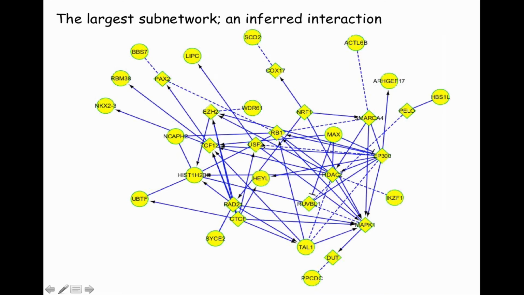Interactions for which there's experimental data are solid arrows. Inferred ones are dotted arrows. The tags on the arrowheads indicate the nature of the interaction where that's known. And if you pull out one of them, you say, okay, why are you saying there's something going on involving histone deacetylase 2 and TAL1? You can choose that bar.